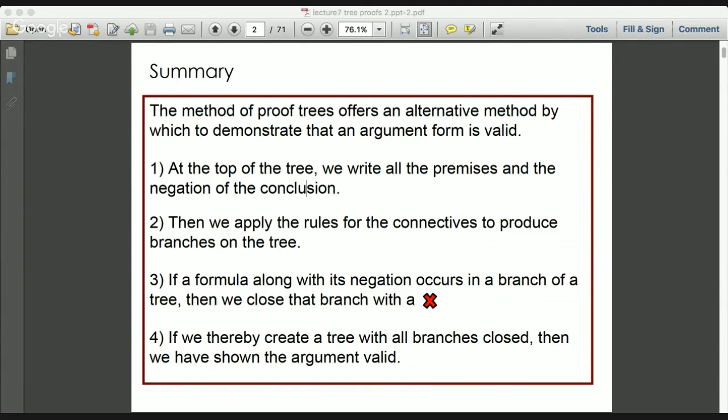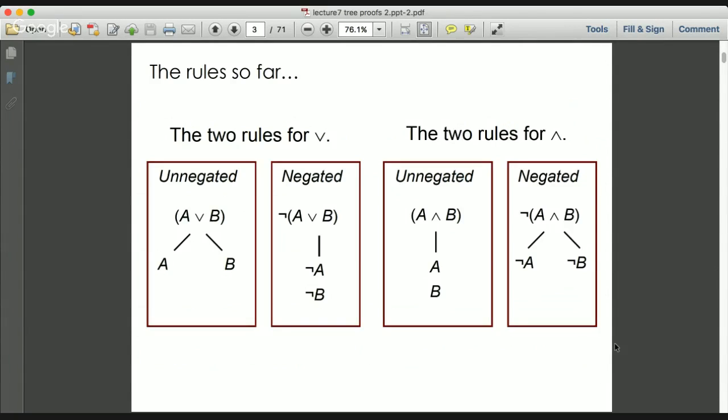Good. All right, good. So we've had these two rules so far. The rules for disjunction over on this side. So if it's an unnegated disjunction, then we write two branches. It splits, essentially.